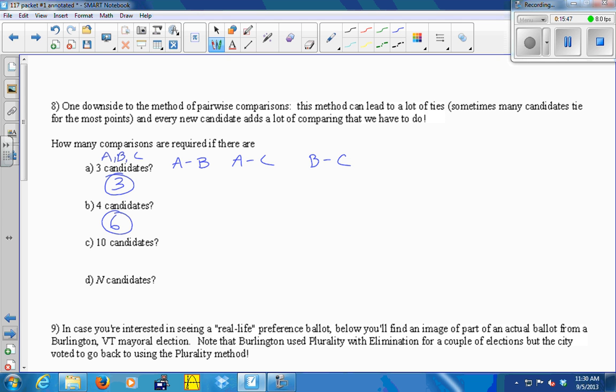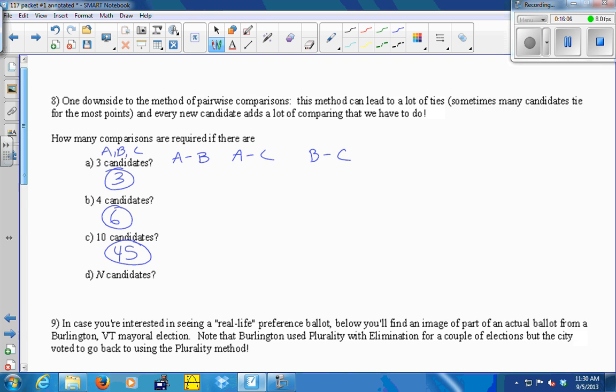Warmer, warmer. 45. That's a lot of writing, right? To have to write down 45 head-to-head matchups, tally the winners. A computer could do it. It wouldn't be such an annoying thing for a computer, but to do by hand is a really big pain.